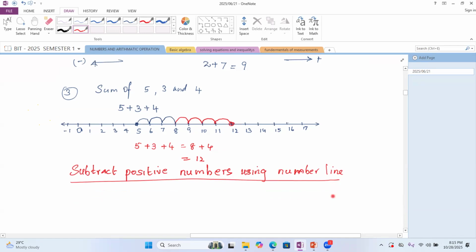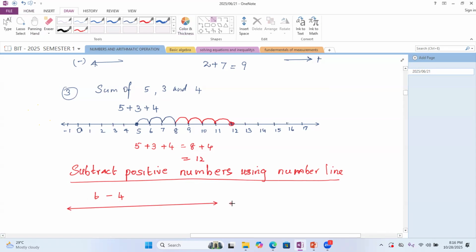First, for example, how can we subtract? For example, 6 subtract 4. So first we use the number line.